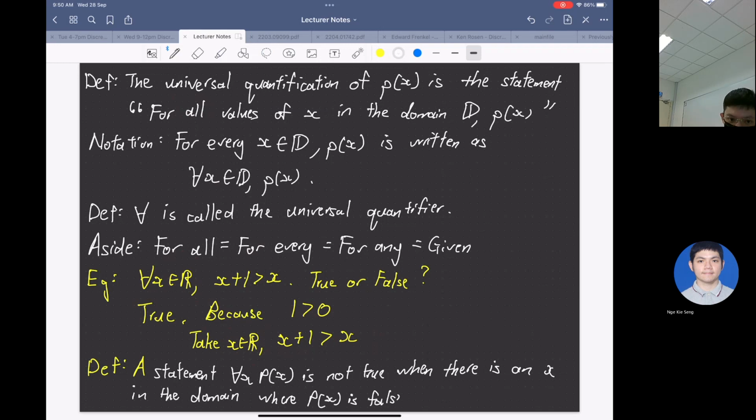And then such an x is called a counterexample. This is what we did in the first week, right? The claim that every number greater than 1 is less than a million, and then we found that 2 million is a counterexample. Okay, it's 9:50. Maybe we take a 10-minute rest and then we come back.